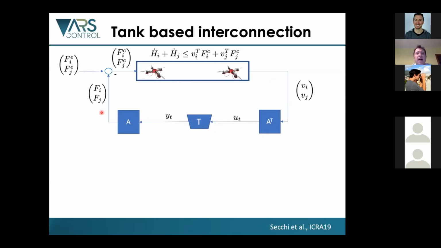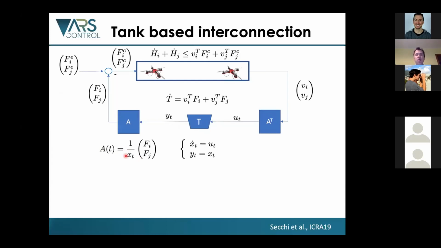So I have two quadrotors. Suppose that the two agents are passive. So the two agents are satisfying this power balance, this energy balance. The energy is stored in the tank, and by properly choosing the modulating matrix A of t, I can arbitrarily set the interconnection force as long as there is some energy in the tank.